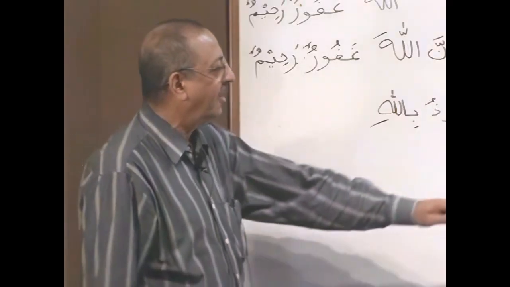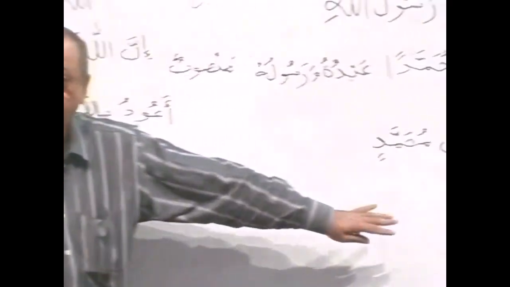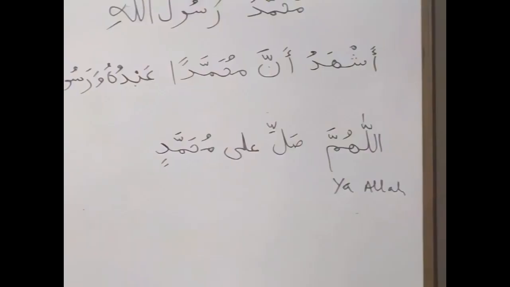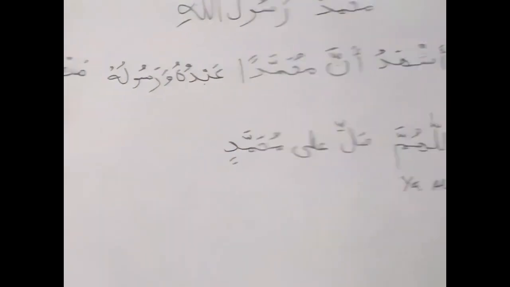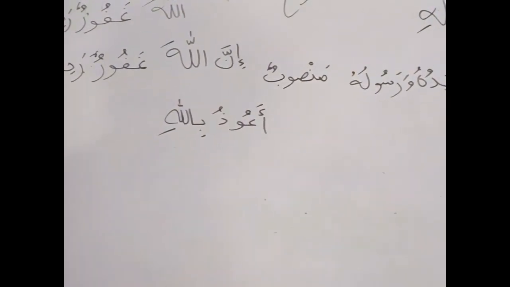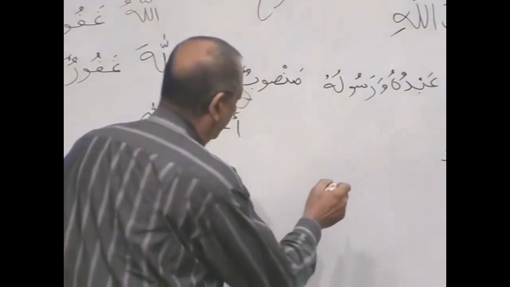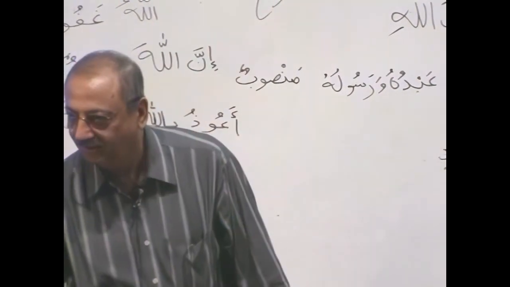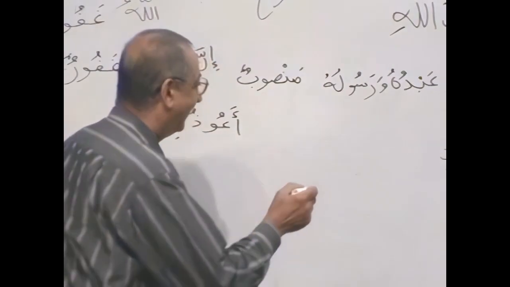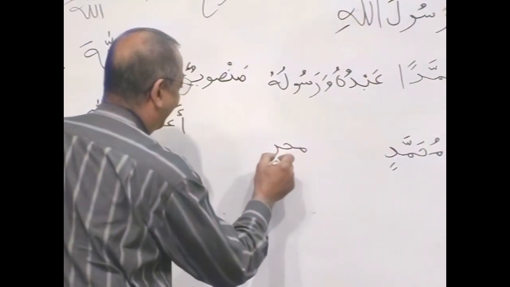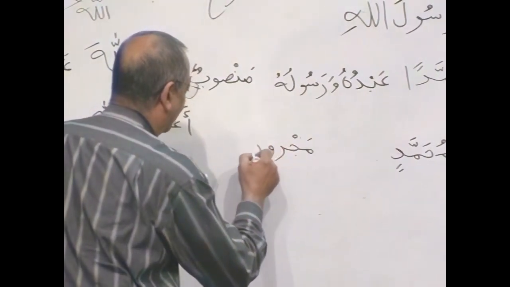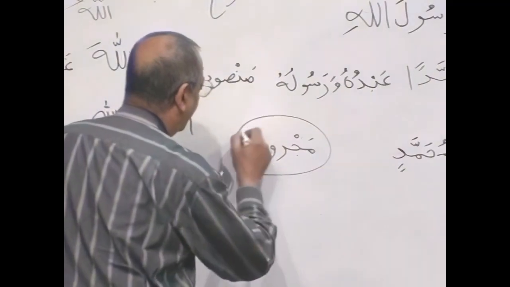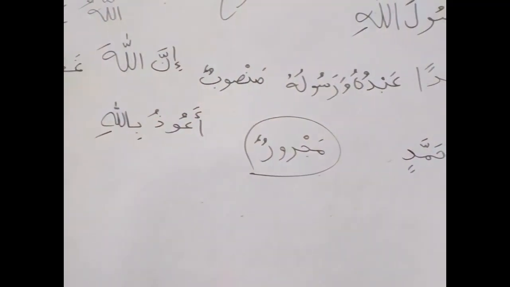Now, if the noun ends with a kasra, be it a tanween or one, we will say the noun is majroor, not majboor, majroor. Okay? Majroor, majroorun. Are you with me? And in English, it is called genitive case.